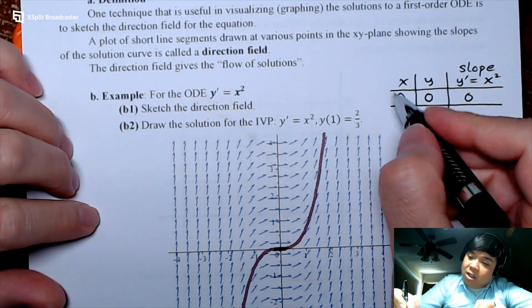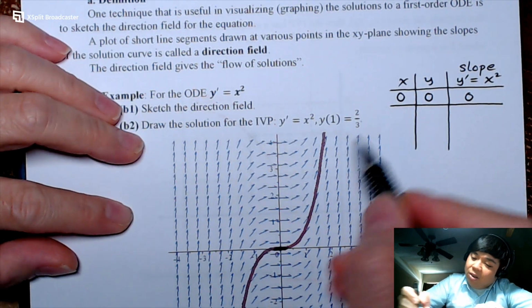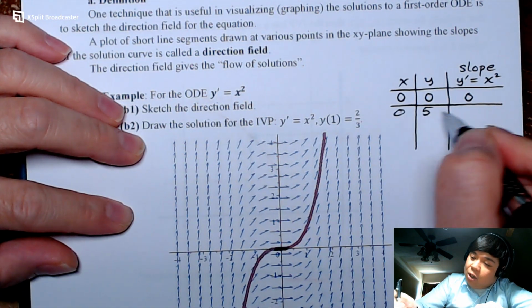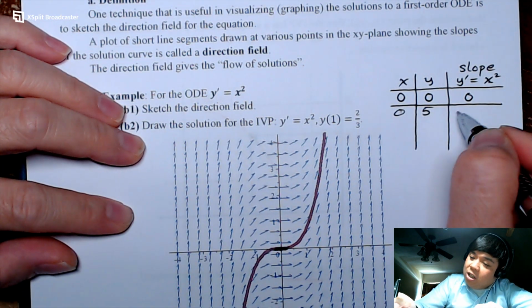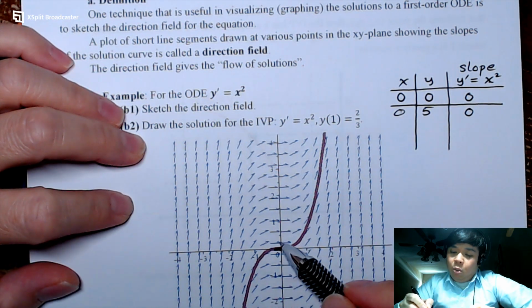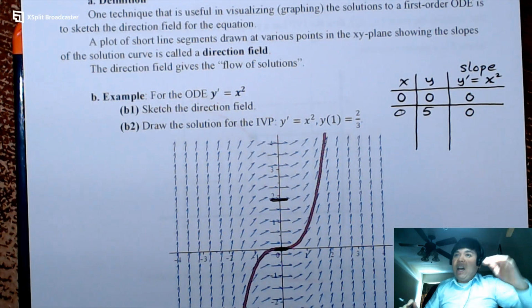Now, if x equals 0, y equals 5, again the slope is still x squared, 0 squared, still 0. So at the point 0, 5, let's see, 1, 2, 3, 4, 5, that's still a flat line.